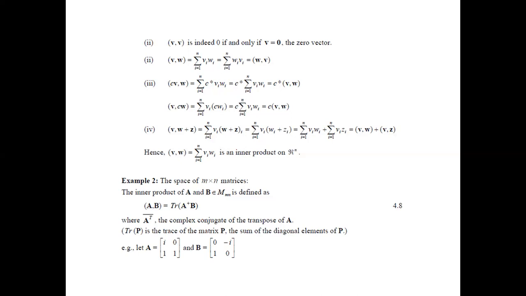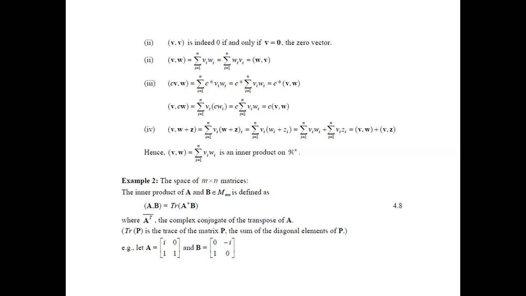Example 2. In the space of n by n matrices, the inner product of A and B is defined as AB equals trace of A dagger B. A dagger is the transpose of A and then the complex conjugation of every element of that matrix.